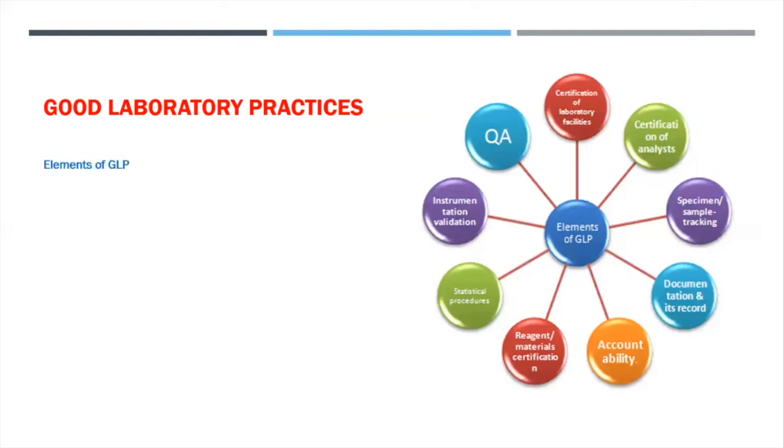So, elements of GLP. There are a lot of elements, but you definitely look into the key elements. Analytical methods validation. I just spoke to you a few seconds ago about testing some product using a particular method. Your equipment might be in excellent condition, completely validated, qualified, calibrated, but if your analytical method was not validated, it may not produce the same result every time.